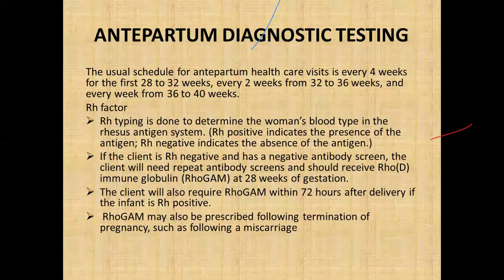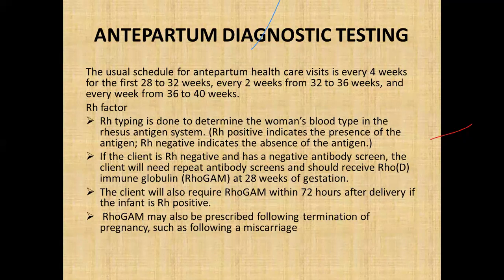There's no cause for concern, because at the end of the day the child is going to pick one of them, and mostly it is the father's blood type that the child picks. So if the child picks the father's type, which is negative, and the mother is also negative, then during childbirth, or if anything happens during pregnancy and there is maternal and fetal blood mixing, there wouldn't be any problem.